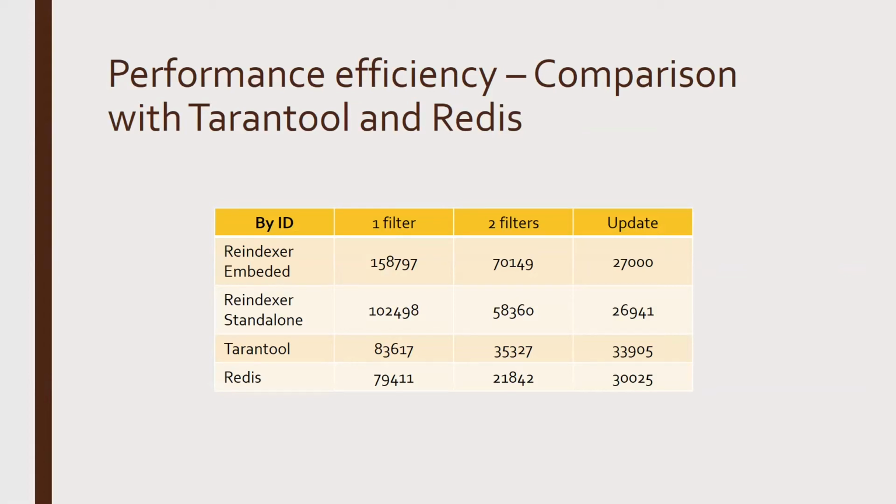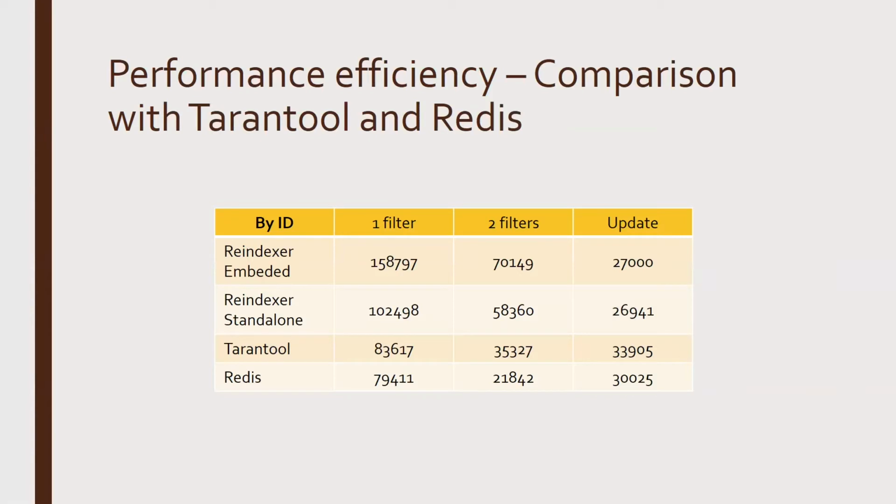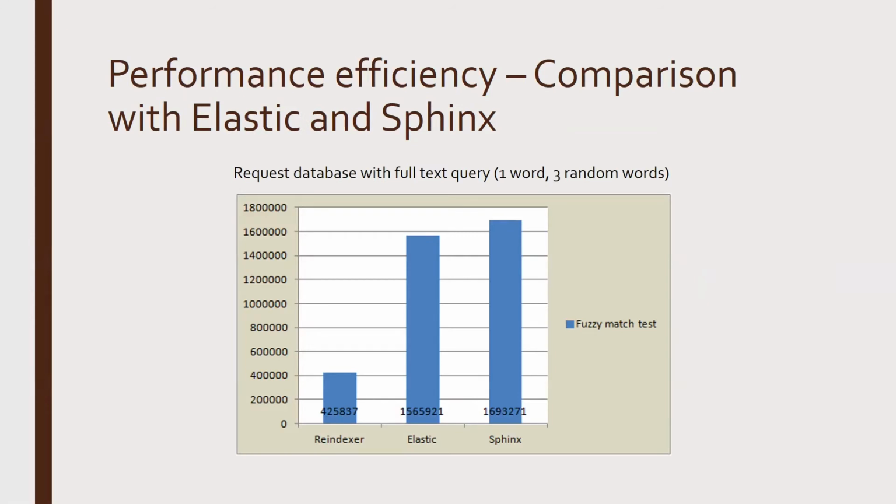And we compared with Elastic and Sphinx because they are tools that allow you to do full text search. You can see that in these two different categories, Reindexer is much faster. Okay, thank you.